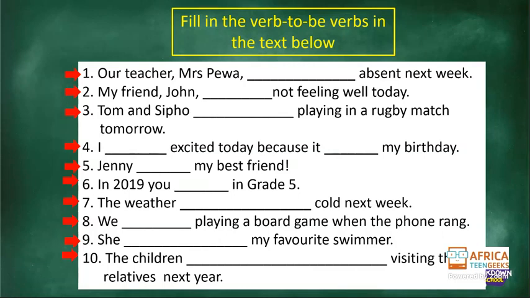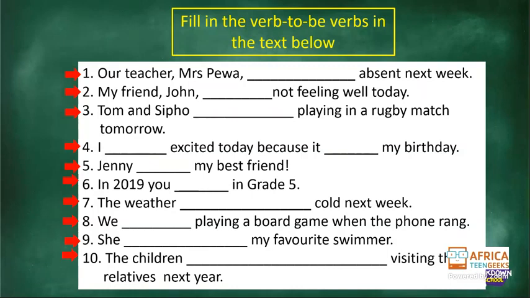We are playing, playing a board game when the phone rang. No, not quite right. The phone rang, so that's good, yes. And number 9. She is my favorite swimmer. Very good. And number 10.